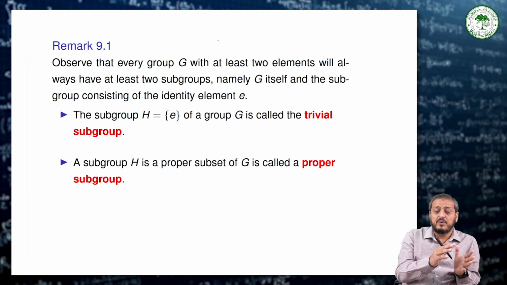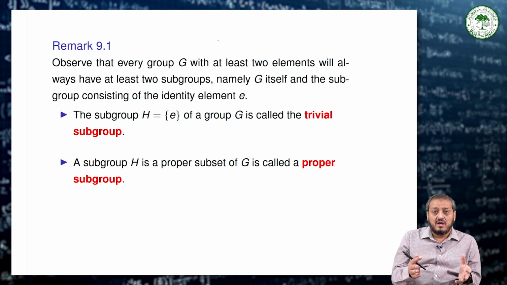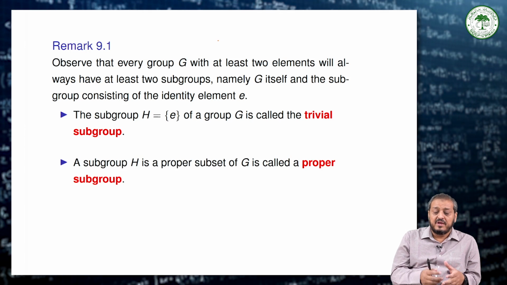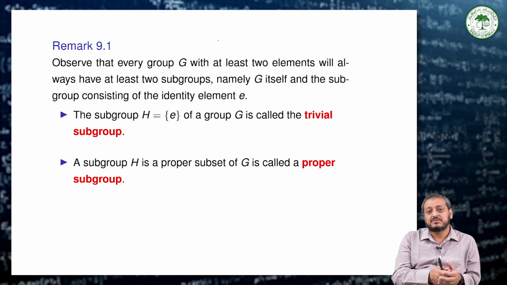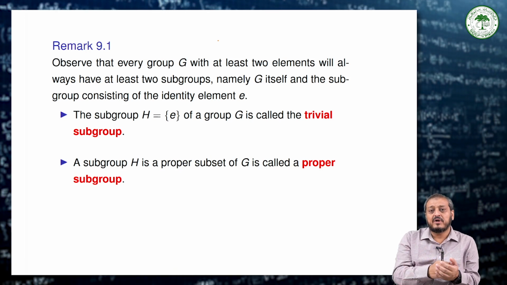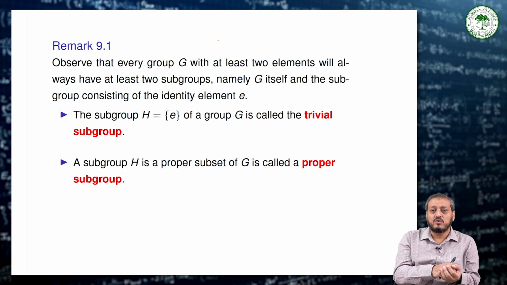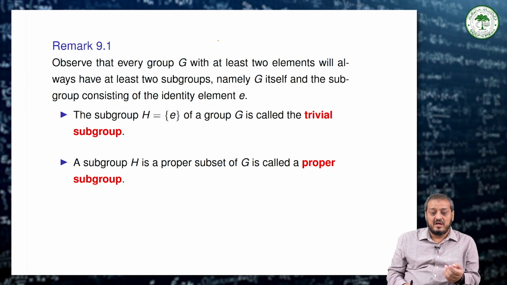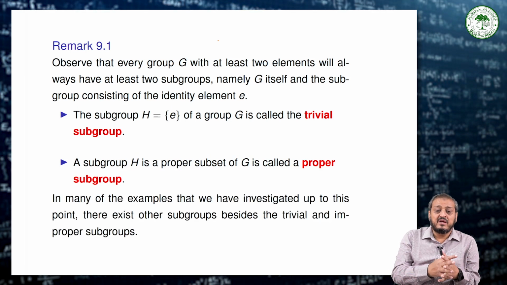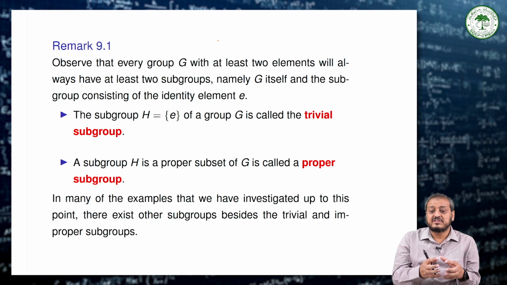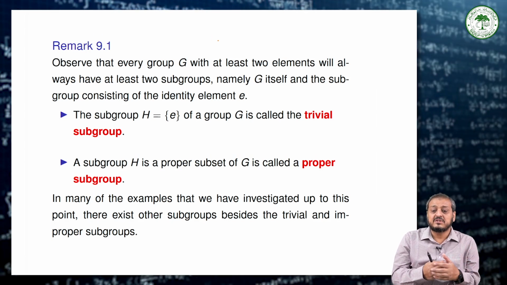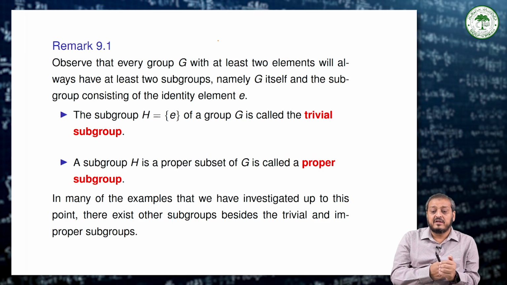A subgroup H that is a proper subset of G is called a proper subgroup. If H is a proper subset of the set G, and H satisfies the properties of a group, then we say that H is a proper subgroup of the group G. In many of the examples that we have investigated up to this point, there exist other subgroups besides the trivial and improper subgroups.